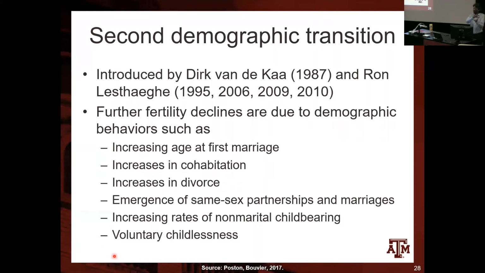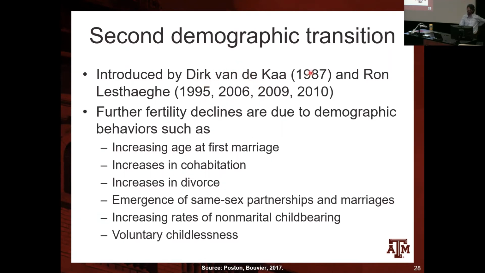So you first have this first demographic transition that we talked about in previous chapters. You have mortality decline, and then fertility follows that decline. And then some other demographers more recently suggested a further transition, the second demographic transition.